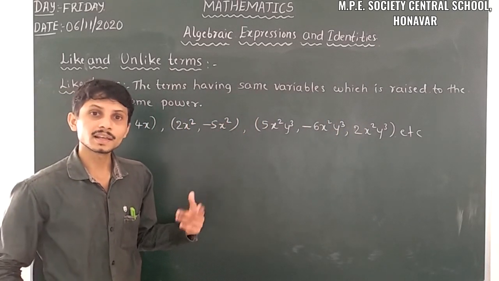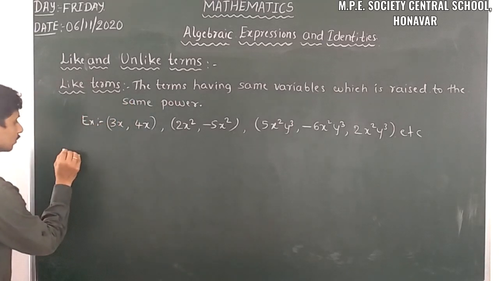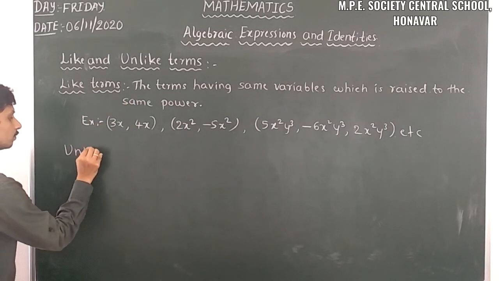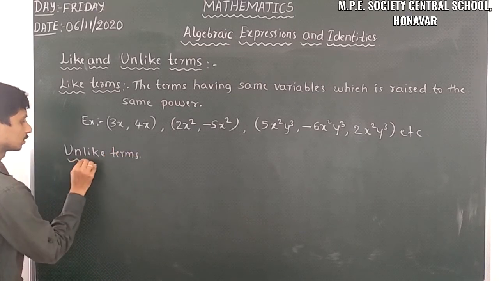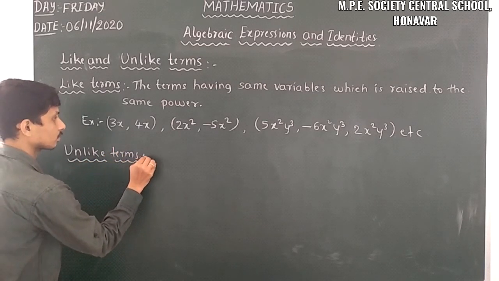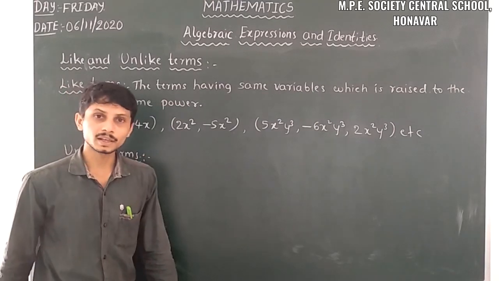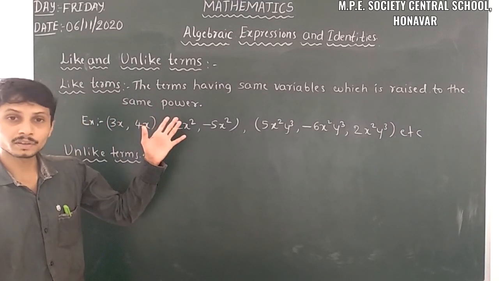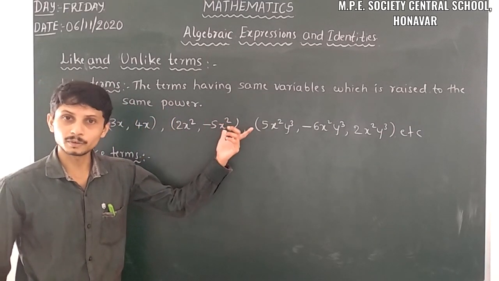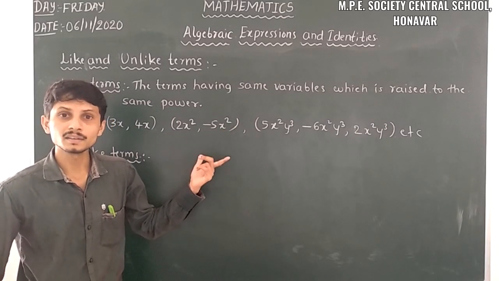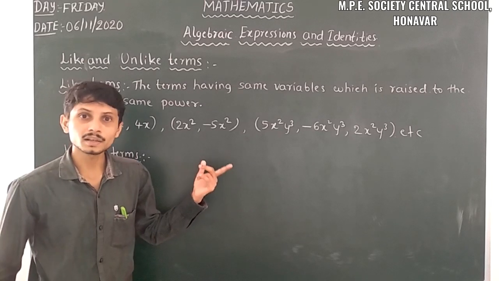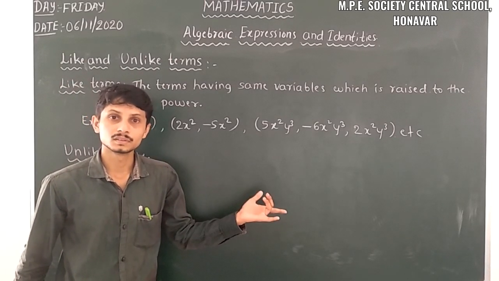Then let us take the unlike terms. What is meant by unlike terms? The terms having different variables, or the same variable that cannot be raised to the same power.